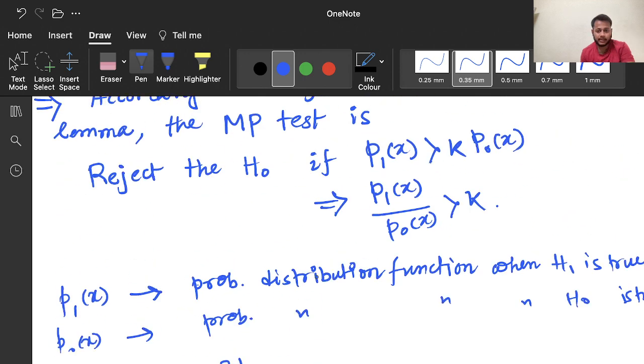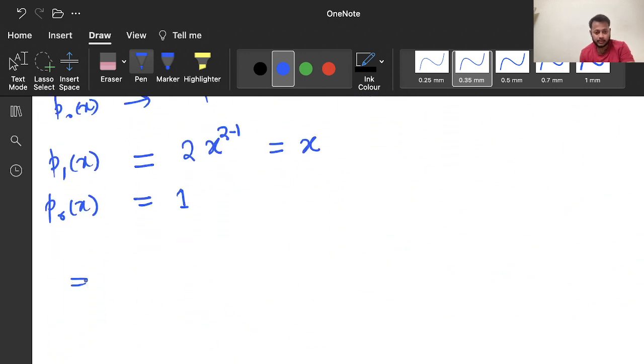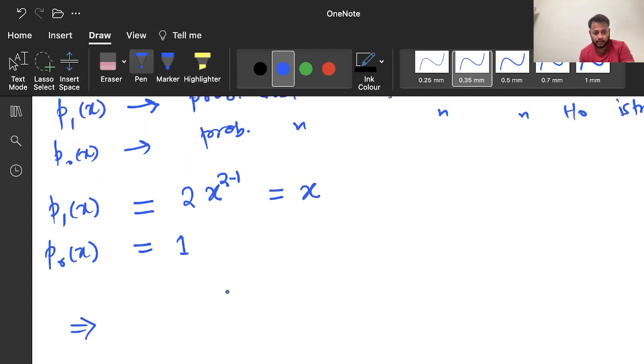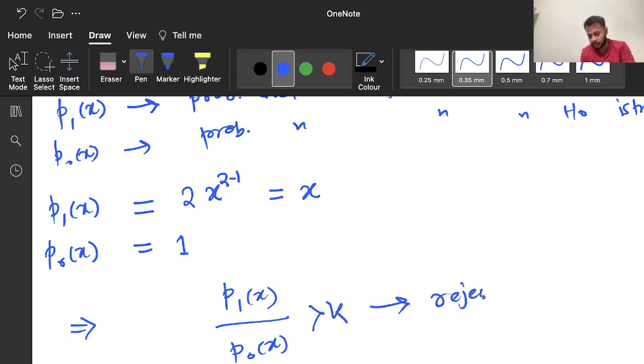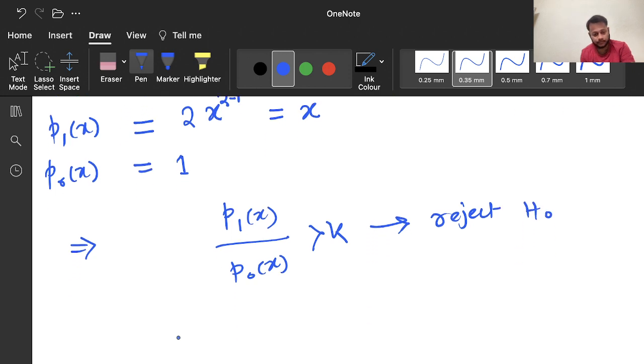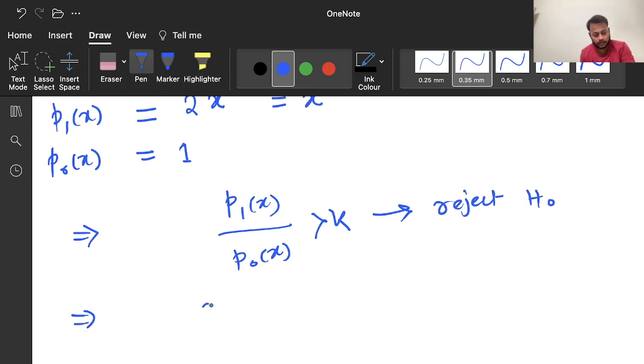Then what is the test? From here we will get that we reject the null hypothesis if P1x by P0x is greater than K, then we will reject H0. So this means if x is greater than K, reject H0.